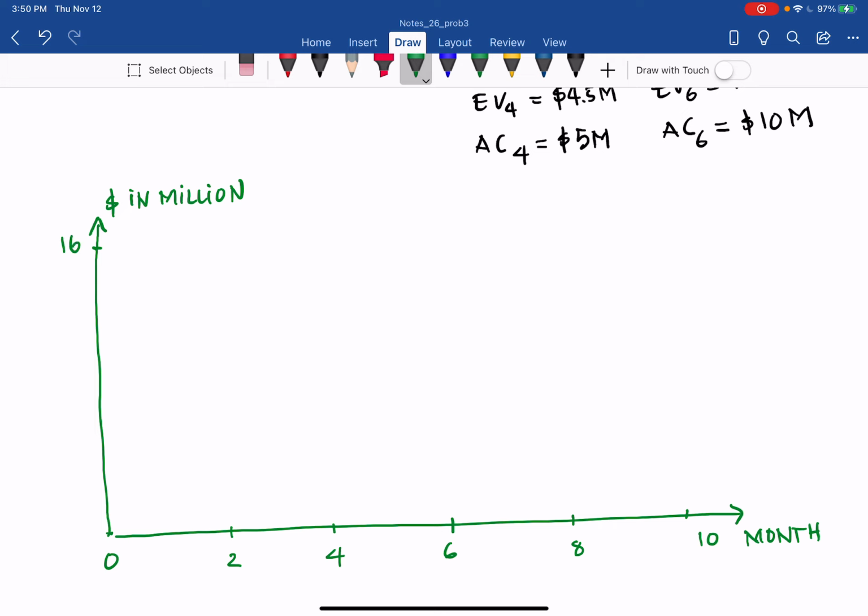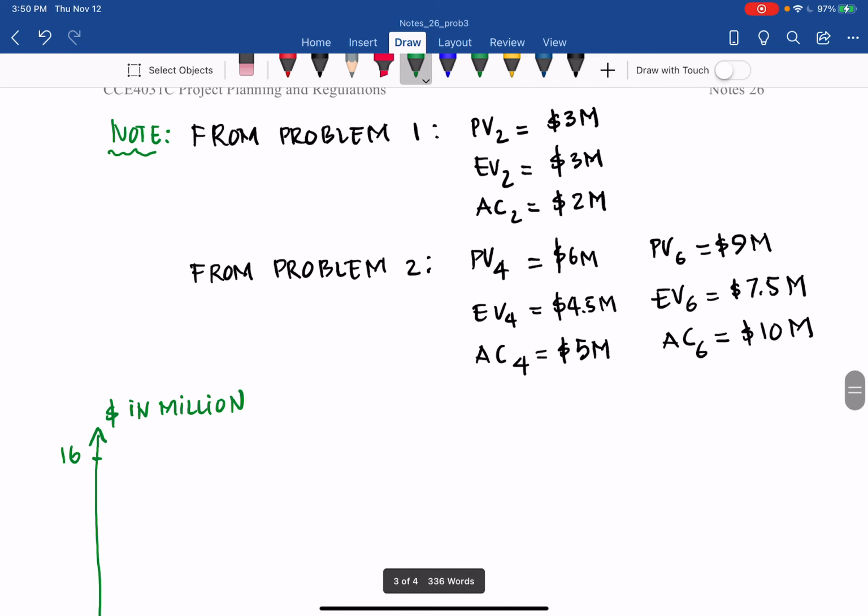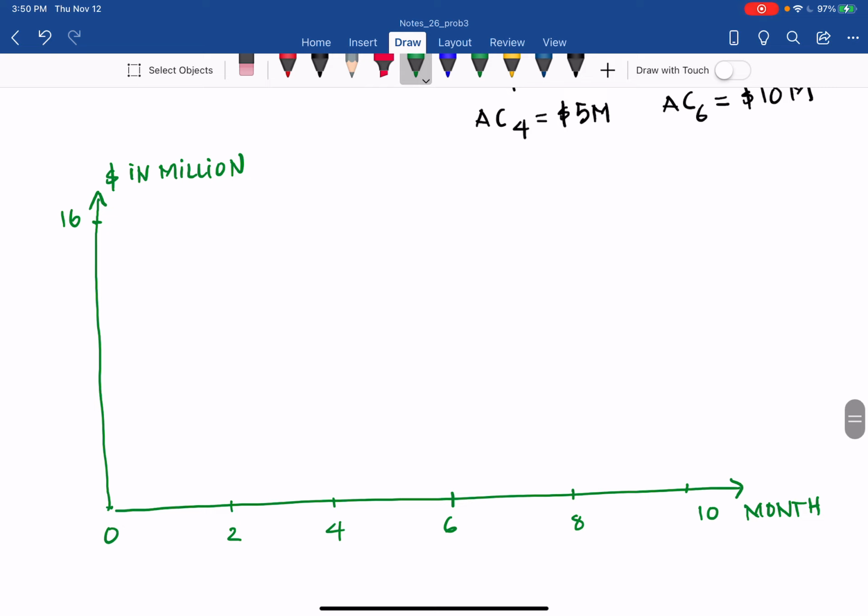So let's divide the 16 million. We can put AC here, 2.5, 10, or maybe 16, then 8, then 12, and 4, 2, 6, 10, 14.